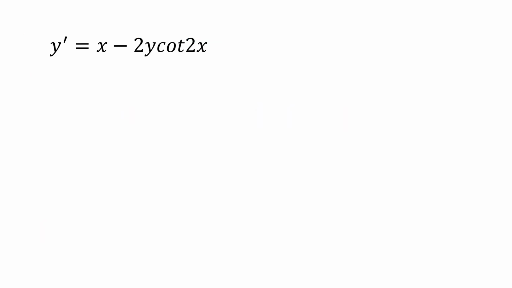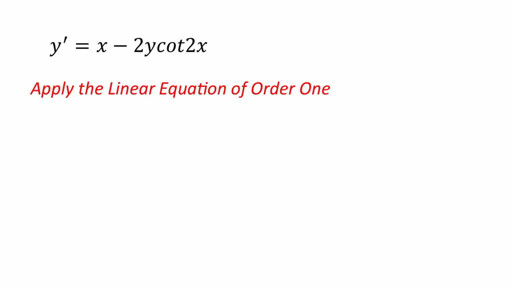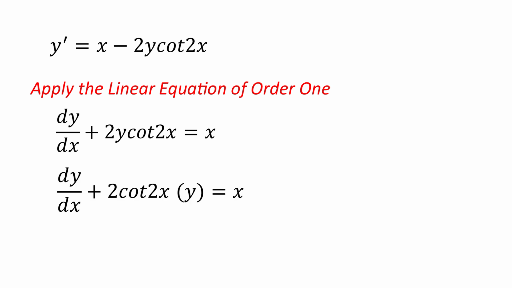Okay, let's have y prime is equal to x minus 2y cotangent 2x. Here we are going to apply the linear equation of order one. First, we need to rewrite our given problem into this form: dy over dx plus 2y cotangent 2x is equal to x. This problem is linear in y, so we can use the formula.